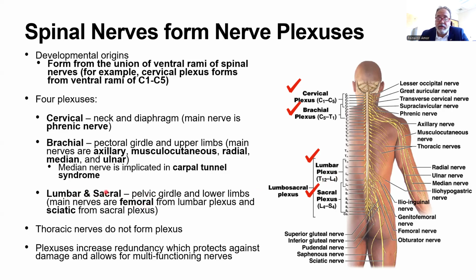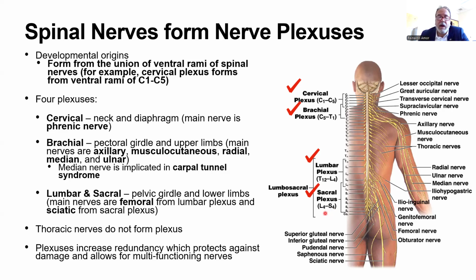Then we have the sacral plexus, which is formed by the union of the ventral rami of lumbar spinal nerves 4 and 5, and sacral spinal nerves S1, S2, S3, and S4. Okay, so L4 to S4.